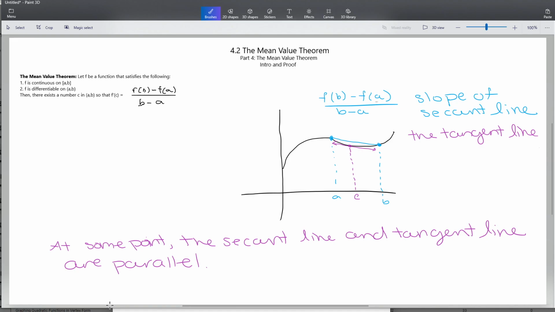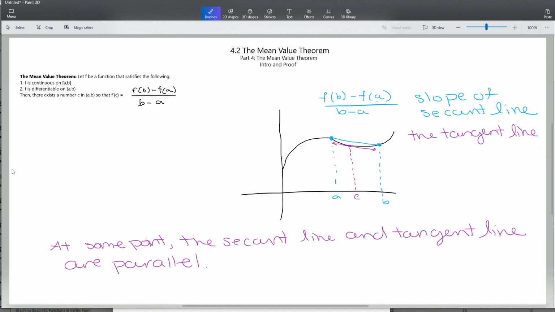Equal slopes meaning parallel lines. So at some point, the secant line is parallel to the tangent line, and that point where they're parallel, that's the C value that we are talking about.